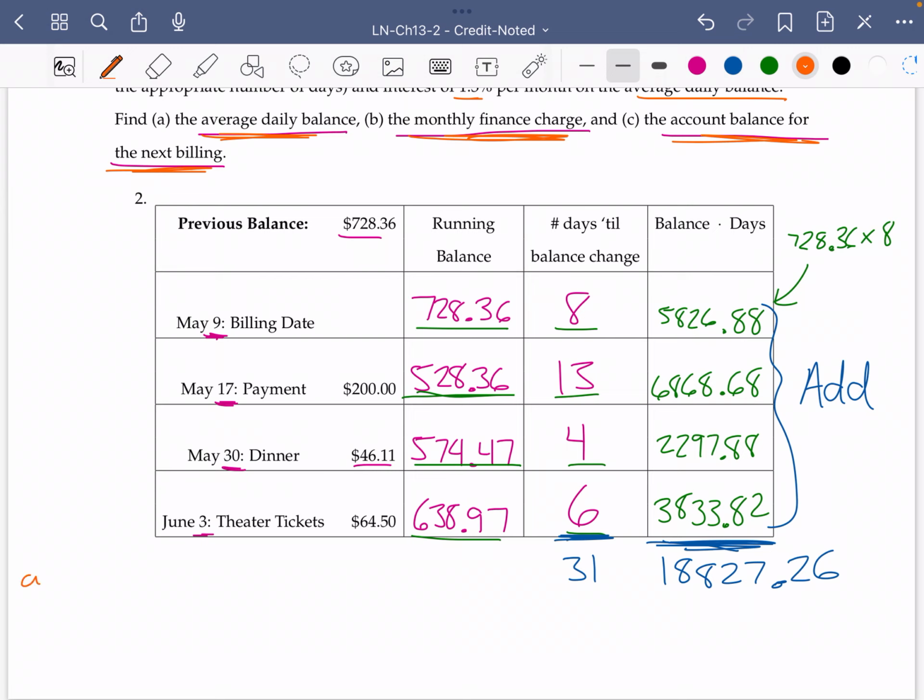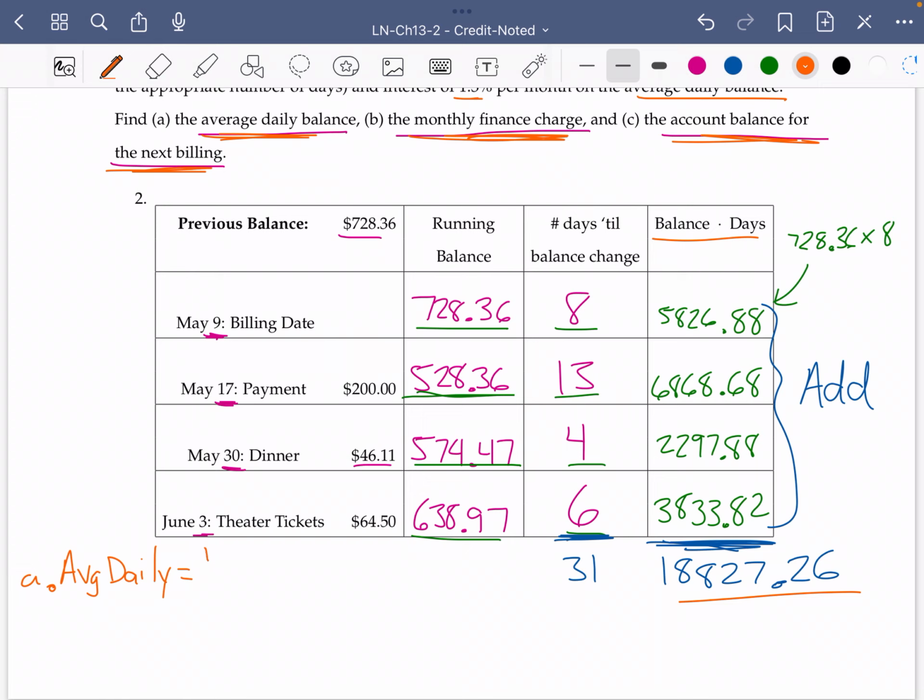So our average daily balance is going to be this total, this sum of the balance times the number of days. Right?